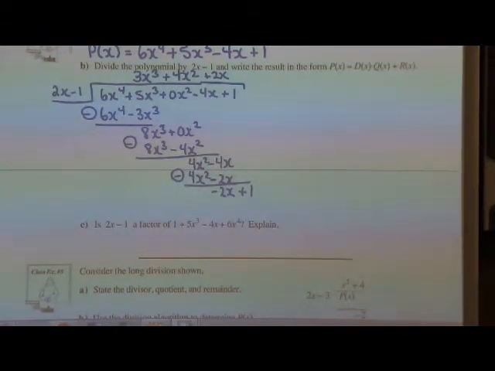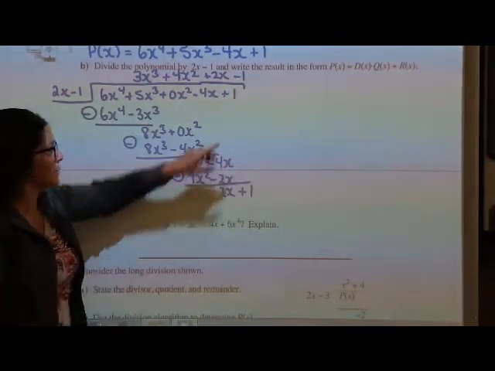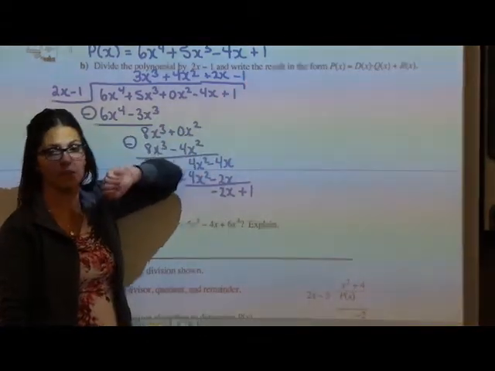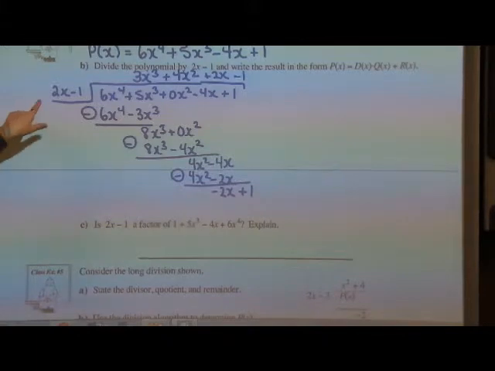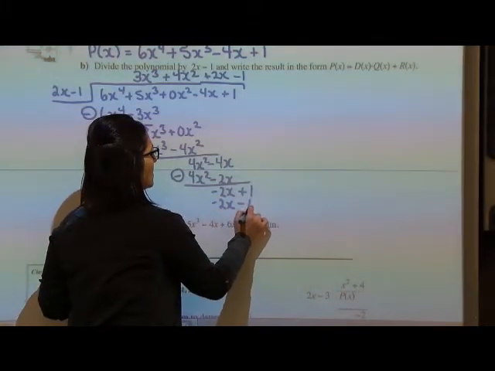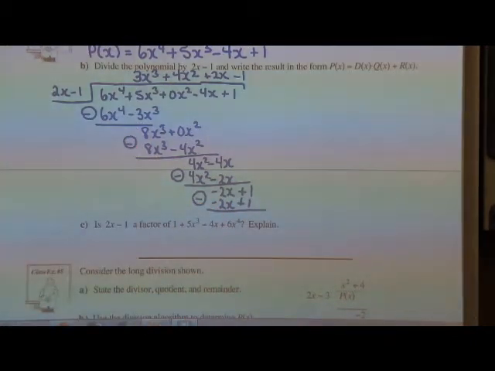Negative 2x divided by 2x is negative 1. And at this point, I should know this is my last step because I'm at the end of my statement. So negative 1 times 2x minus 1 gives me negative 2x plus 1. And negative 2x minus negative 2x cancels out. And 1 minus 1 equals 0.